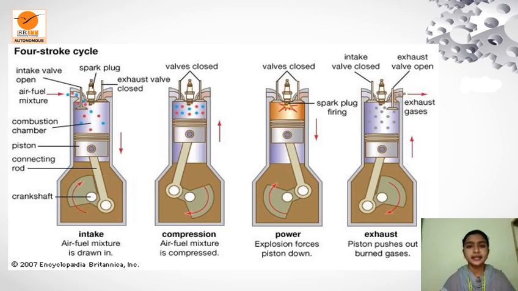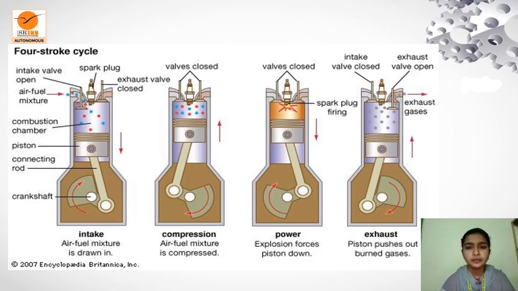First, intake: the air-fuel mixture is drawn in. During this stroke, the inlet valve opens and the exhaust valve is closed. The pressure in the cylinder will be atmospheric as the piston moves from TDC to BDC. TDC is top dead center and BDC is bottom dead center.